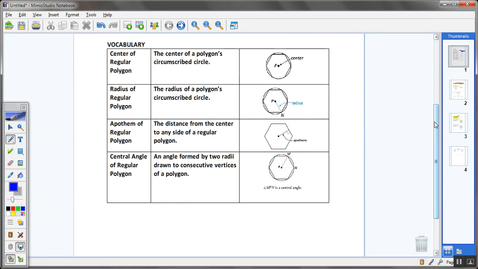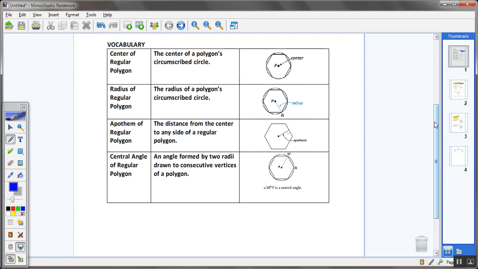Guys, don't bend your brain too much on this next one. Radius of a regular polygon. How about that, kids? Well, isn't it from the point to the outside? Yeah, it's basically from the center to a point on the circumscribed circle, but the radius goes from here to an angle.